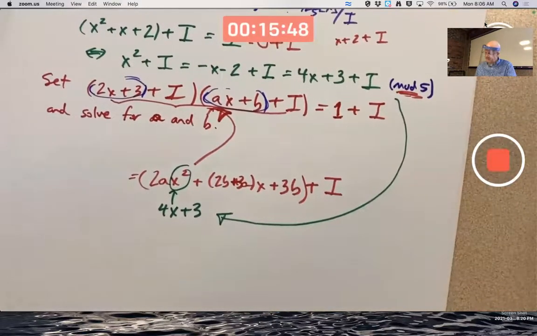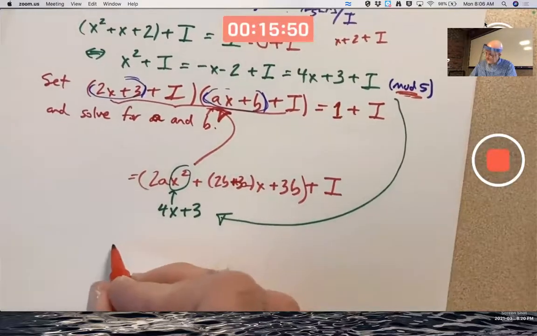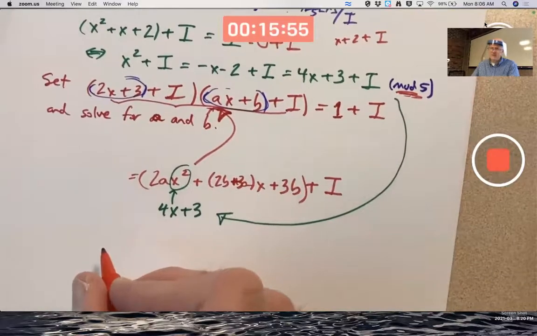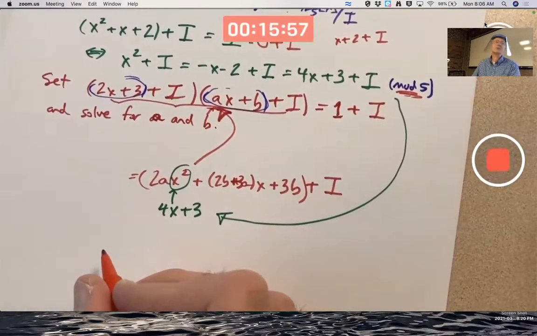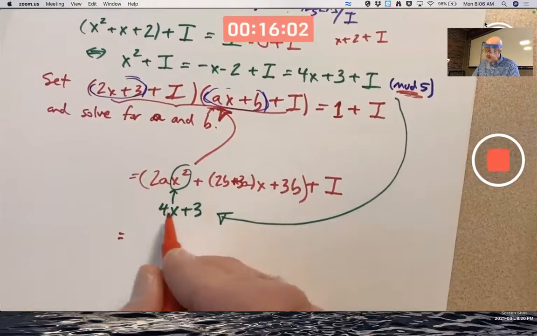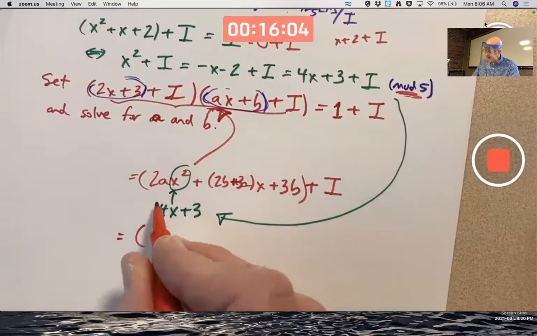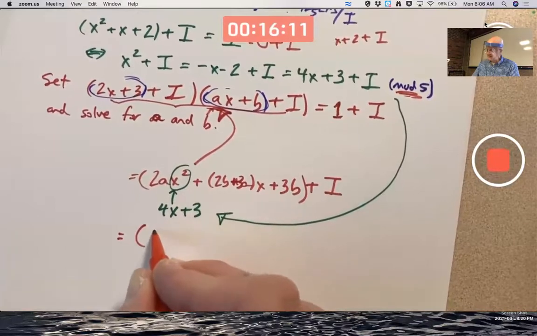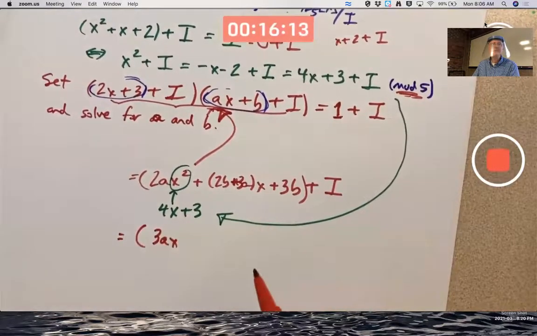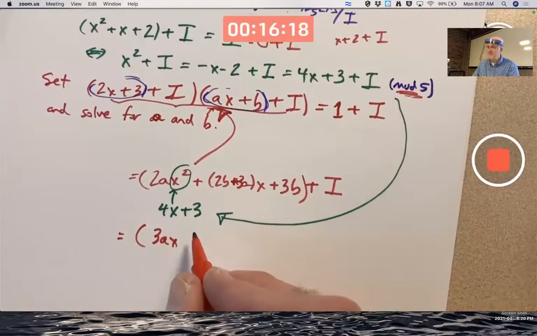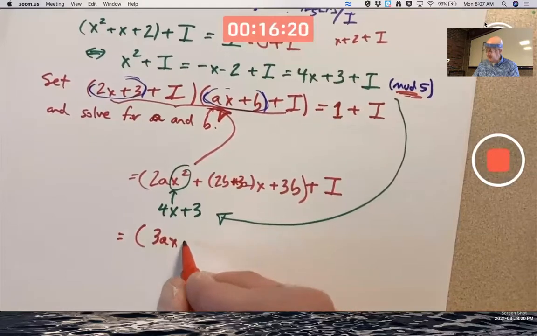And that can simplify things, because you can get a linear representative here, and you can get essentially 2 equations and 2 unknowns in the unknowns a and b. So multiply this out. 2a times 4x would be 8ax, but remember mod 5, that's going to be 3ax. Plus 2a times 3 is 6a. Mod 5 is just plus a.